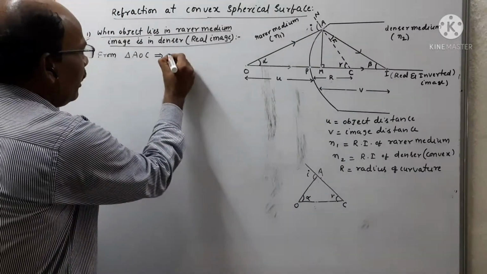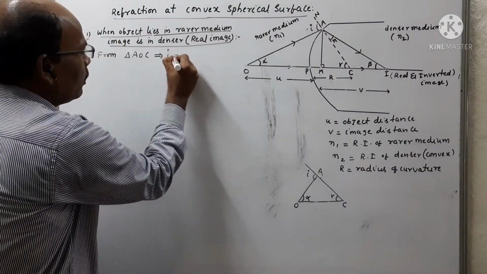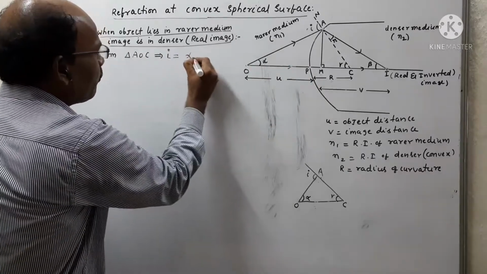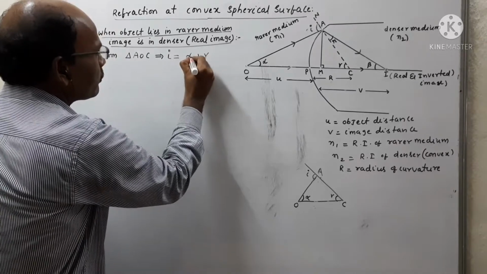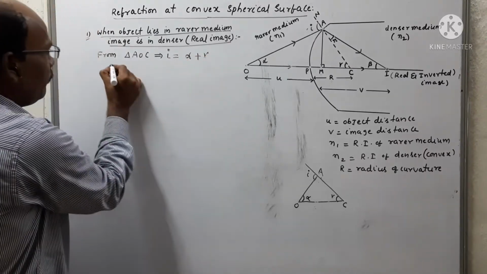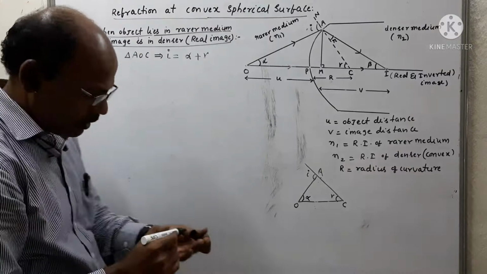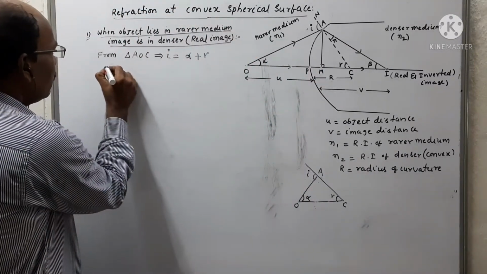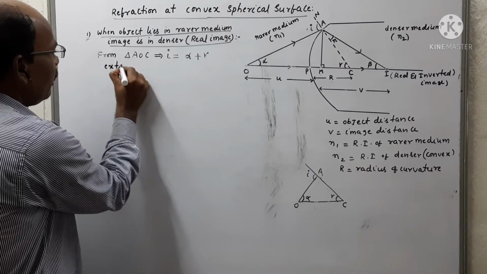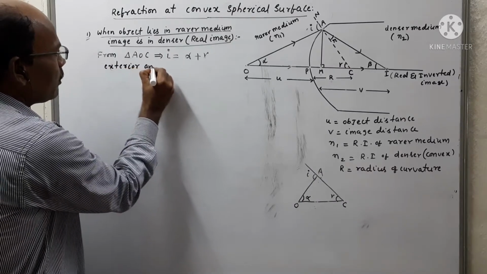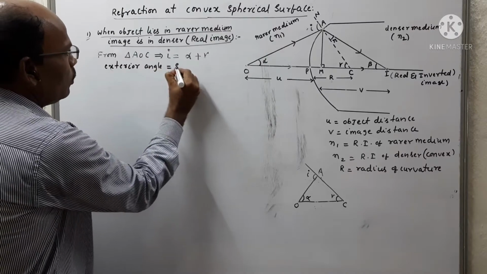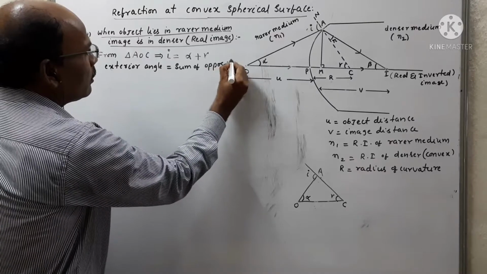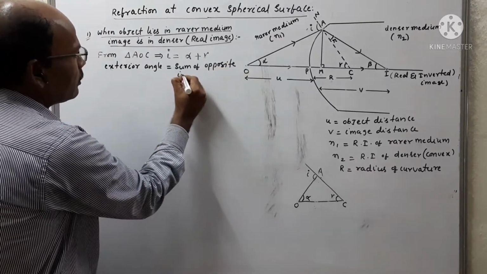Then we can write I is equal to nothing but alpha plus gamma. Here we can write exterior angle is equal to sum of opposite interior angles.